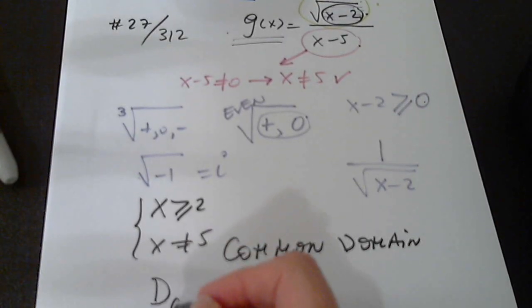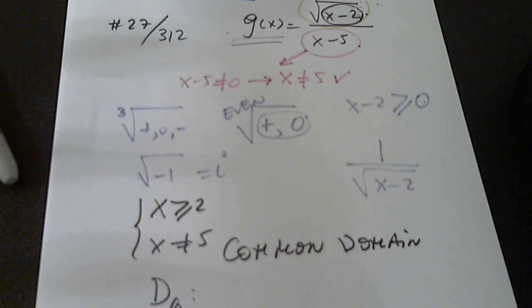So what is the domain of g? Can anyone tell us what is the domain of this function? How do we write this? Any number greater than or equal to 2, but not 5.